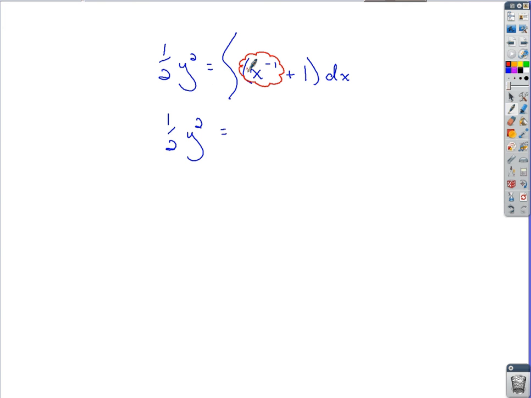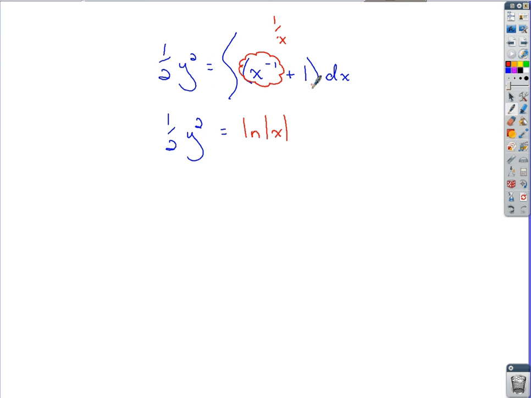X to the negative first is the same thing as 1 over x. The derivative of what gives you 1 over x? You remember? That ring a bell? If you took the derivative of the natural log of x, you get 1 over x. So this was the special one. If you got a power of negative 1, antiderivative is natural log of the absolute value of x.